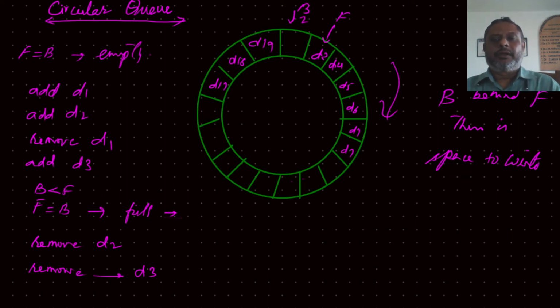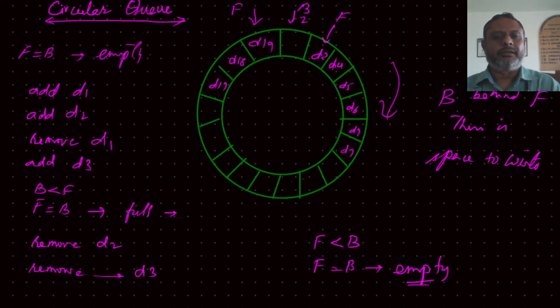And for empty, what would happen? As you remove D1, D2, D3 and all that, there will be some time when the full condition comes. So full was when front was before back, and at the next step, front becomes equal to back. That talks about the empty condition of the queue.